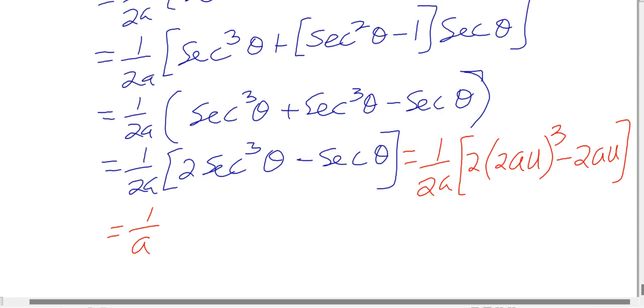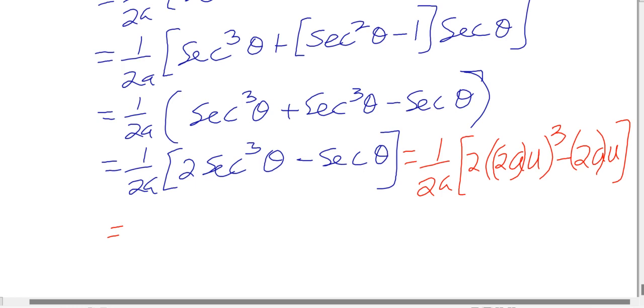Actually we should have factored out 2a, because we see that we have 2a here and we also have 2a here. So when we factor out 2a, it will cancel with the other 2a.